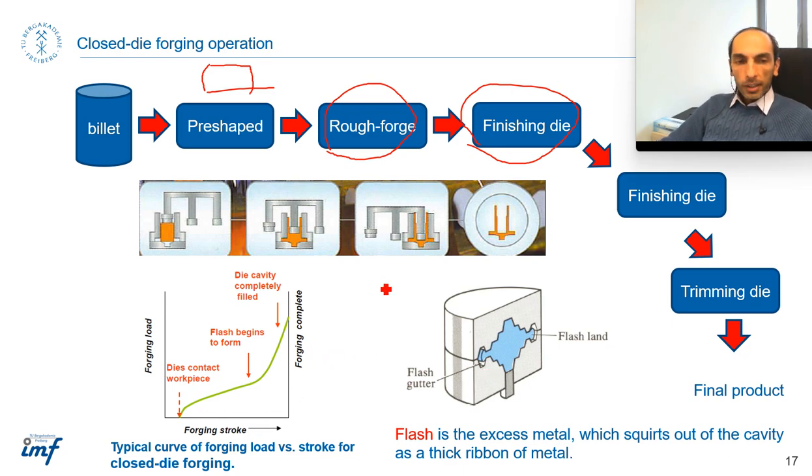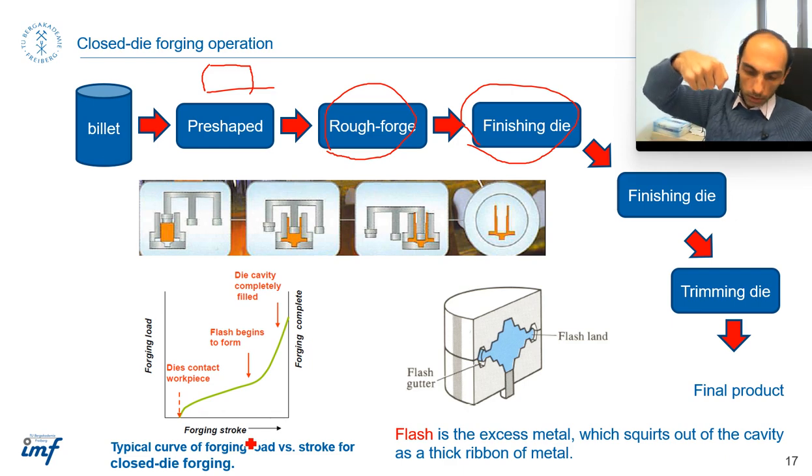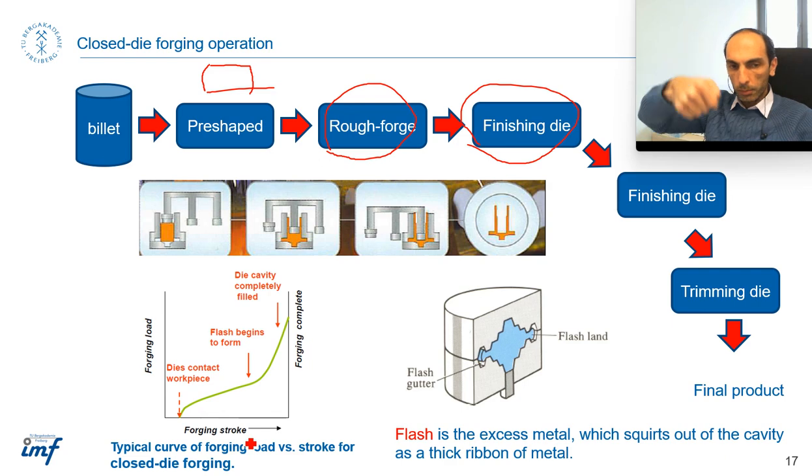Next week we will check some forming load diagrams versus the forging stroke. A stroke means when the ram is coming down and the deformation is proceeding. This axis could be forging stroke in millimeters or the time, of course.